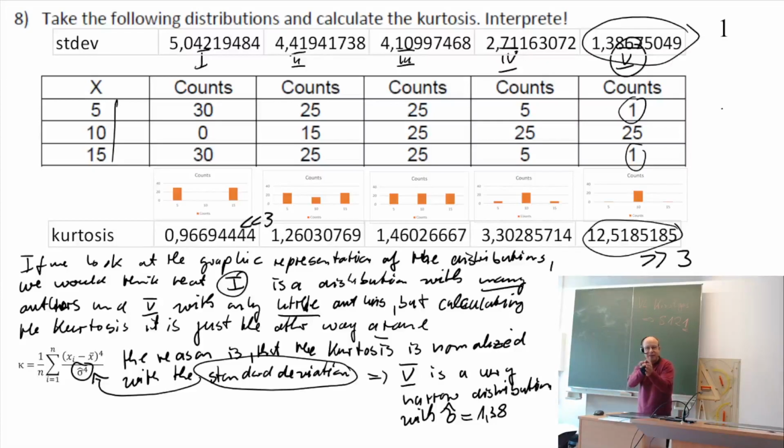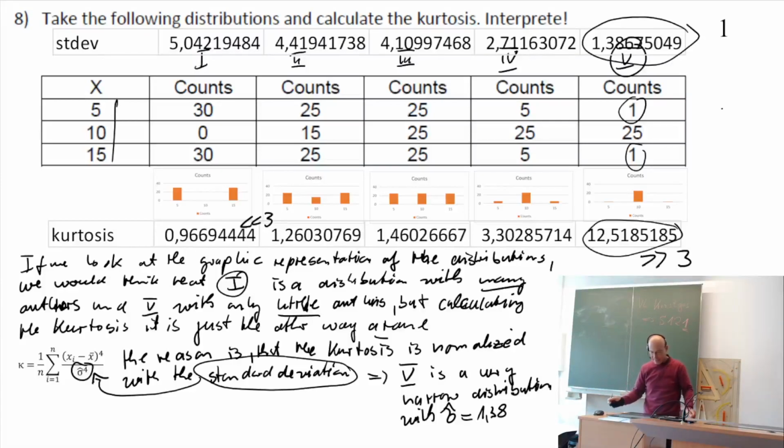Because this distribution is very narrow, these 2 points, although it's only 2 points at 15 and at 5, are really, really far away from the arithmetic mean. And therefore it counts really hard that we have these far away lying data points.